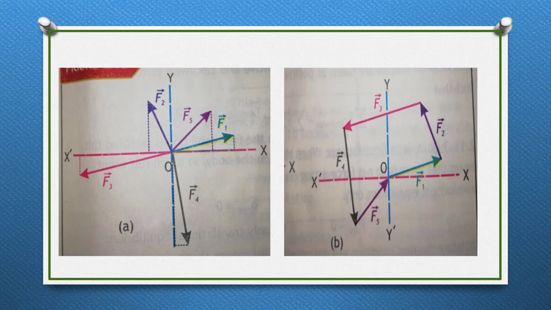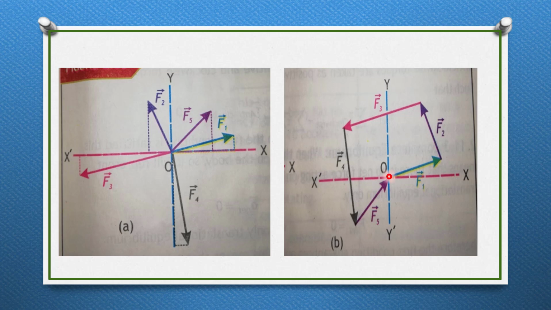What we will do, we will apply the head to tail rule and we will add all these forces. You can see over here, if we apply the head to tail rule, it is forming a closed figure, okay, a closed polygon is there. F1, F2, F3, F4 and F5. We are just obeying the head to tail rule and we see that over here we are having a closed polygon.